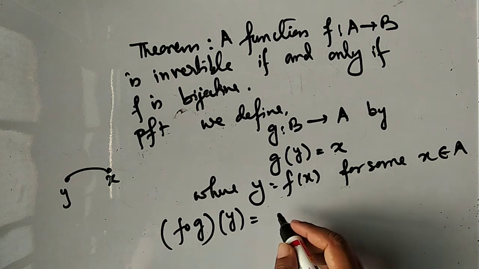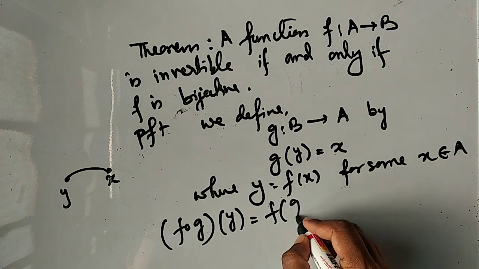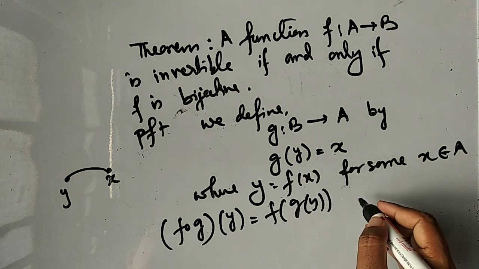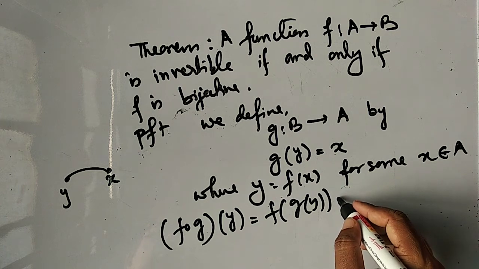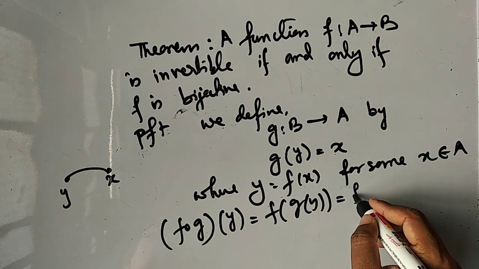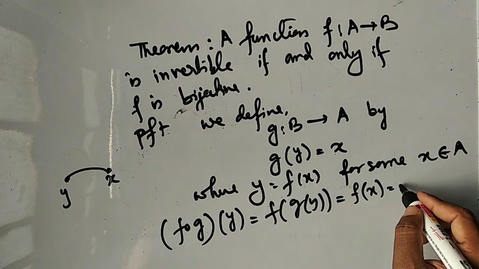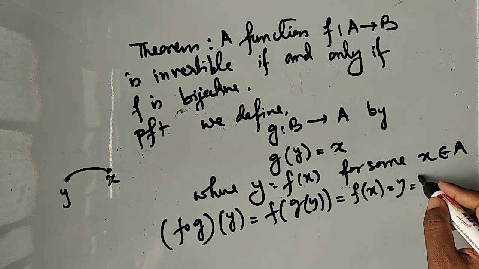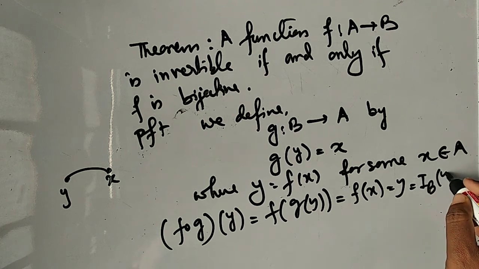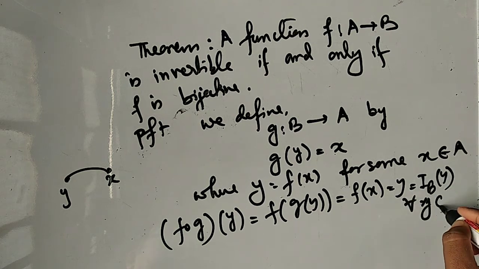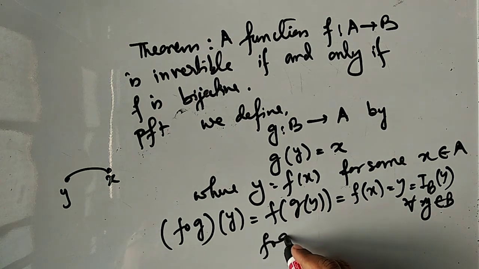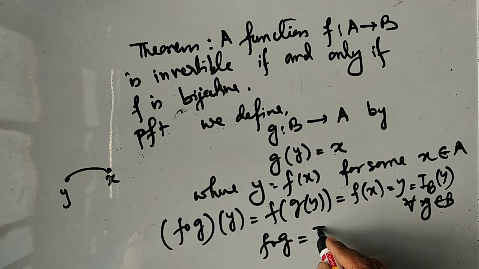So this is nothing but f of g of y. Okay, now g of y is nothing but x. Now, what is f of x? It is nothing but y. So this is I_B of y, because this line is true for all y, oh sorry, all y belonging to B. So f of g is equal to I_B.